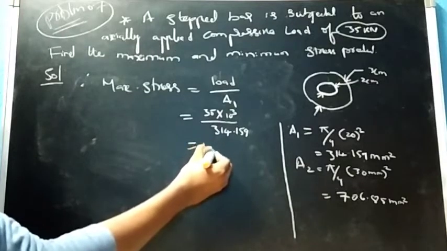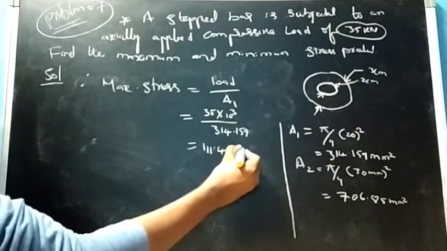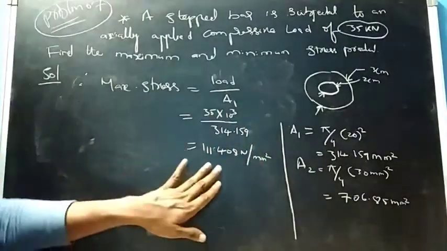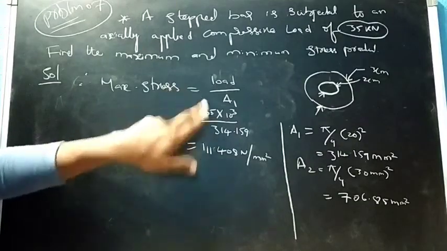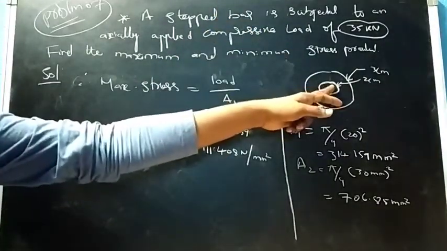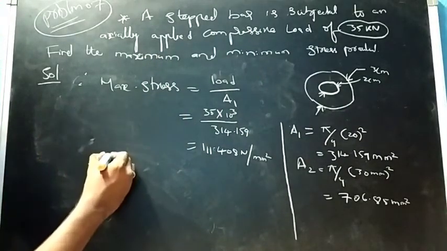We will get 111.408 Newton per mm square. Right? So this is the maximum stress on area 1.